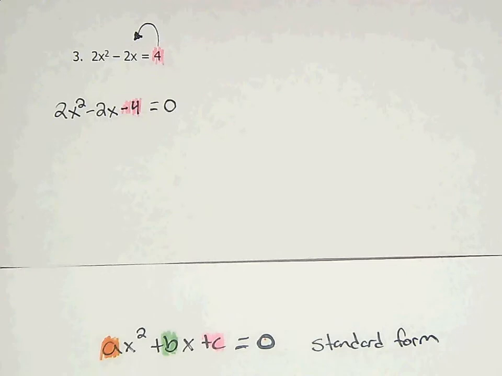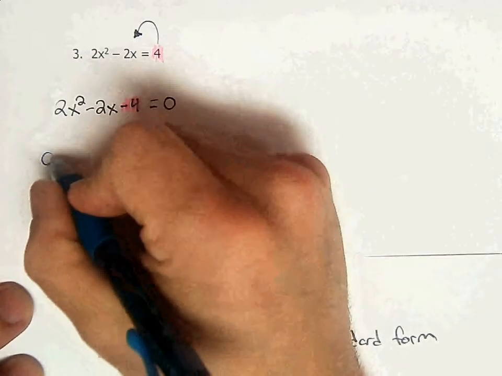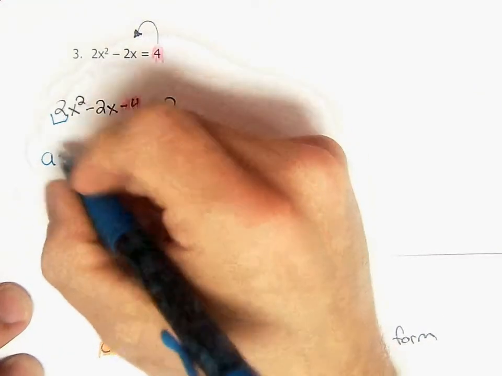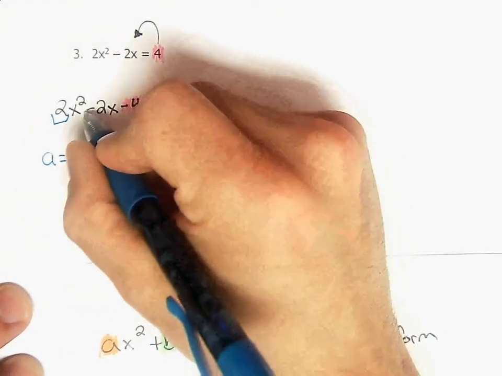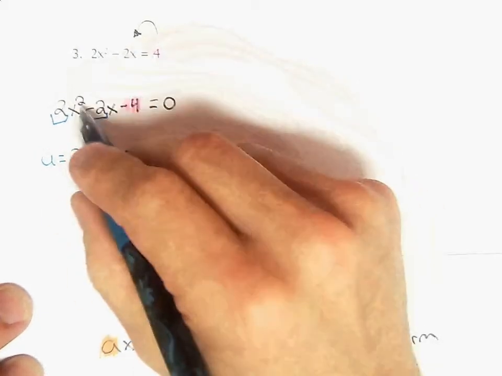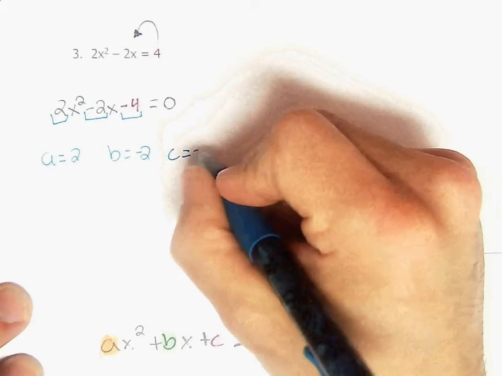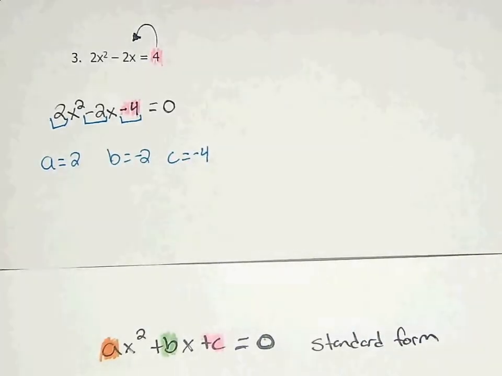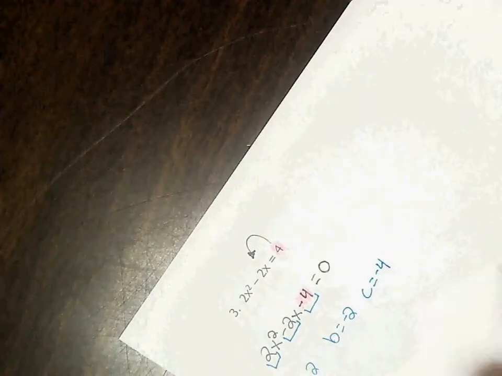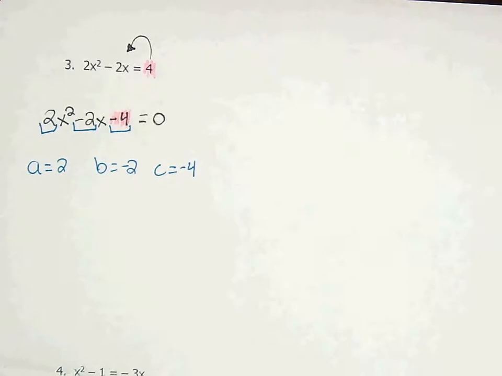That's good, because now I can plug it into the quadratic formula. So I'm going to quickly identify my a, b, and c. My a is the number in front of x squared, that's 2. My b is the number in front of x, negative 2, don't forget the negative. And my c is the constant, negative 4. Okay? So I'm going to plug those into the quadratic formula.